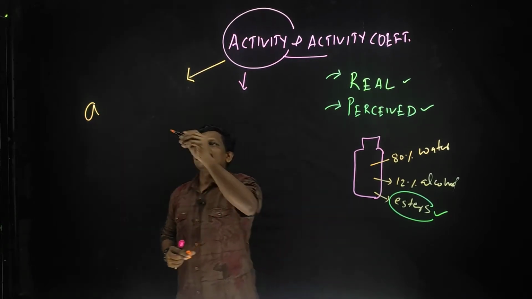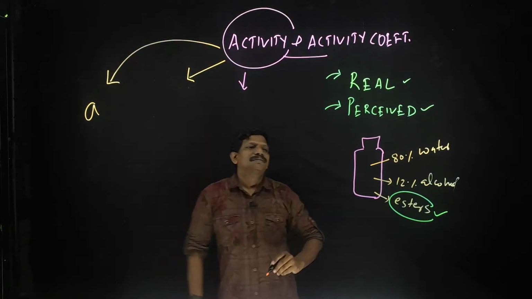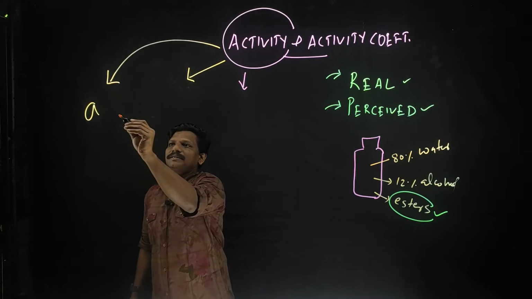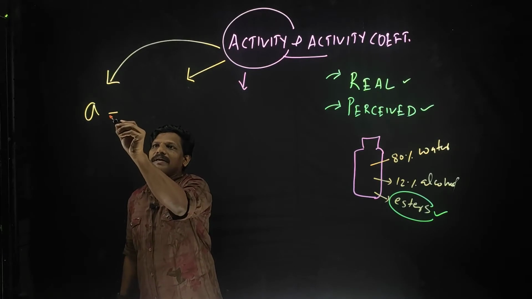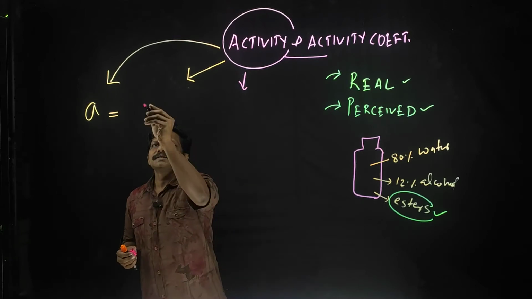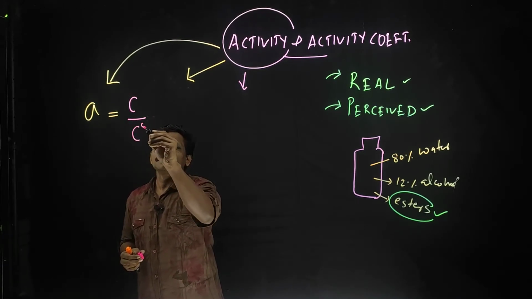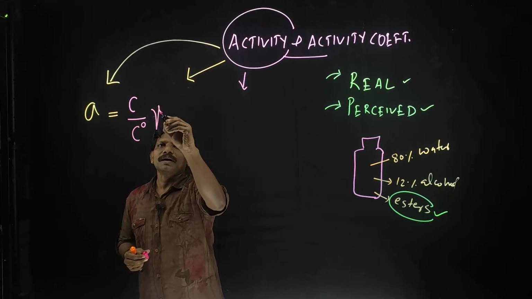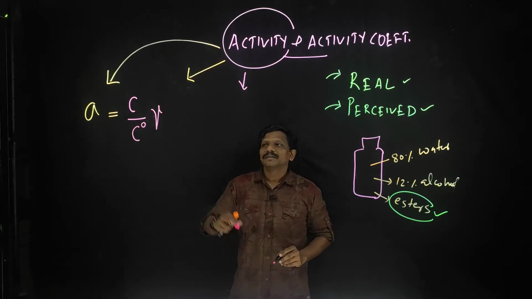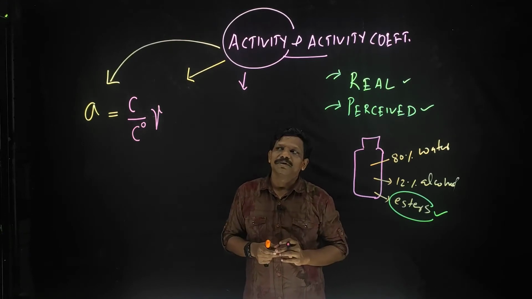A is actually known as the activity, and this A is actually equal to C, you know what is C? C is the real concentration, C0 into a term called gamma, that is the activity coefficient.